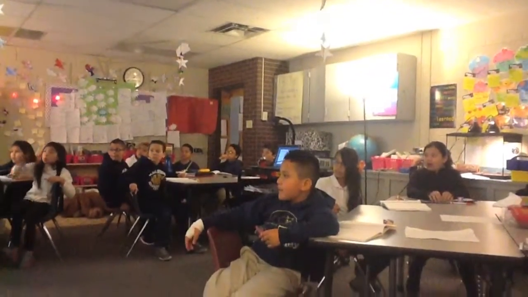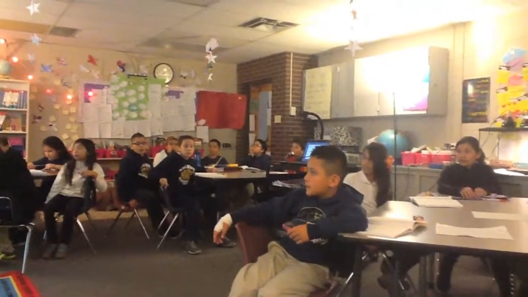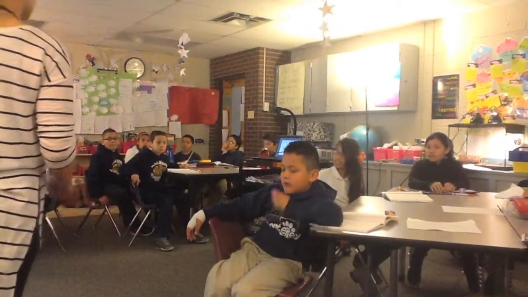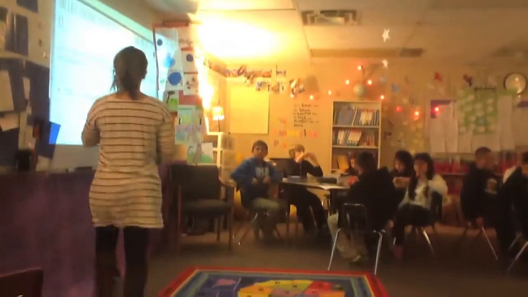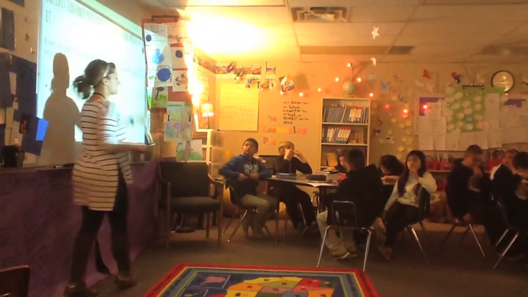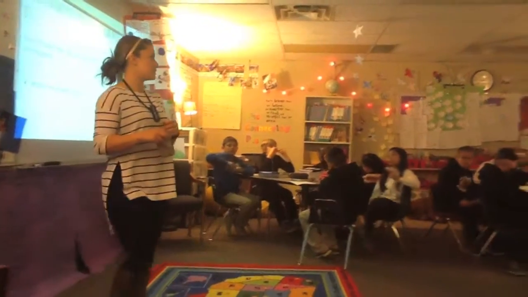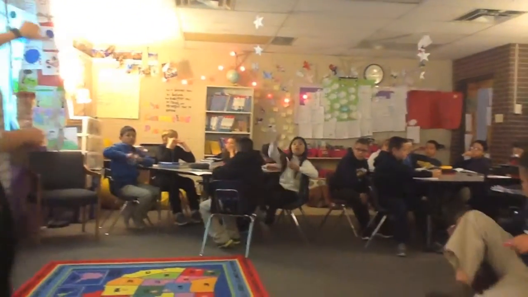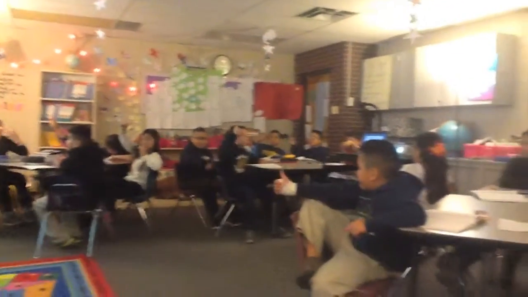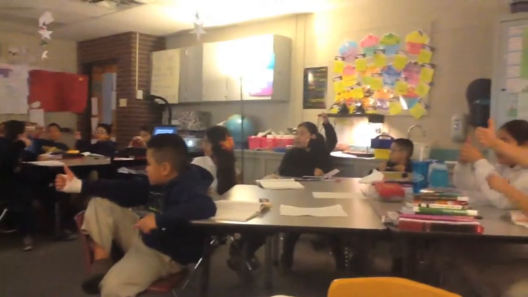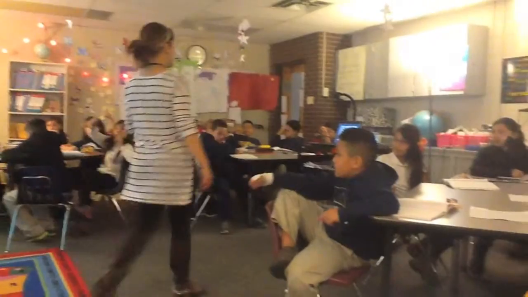I think we need a comma after class. After class, why do you say that? Because it's like two sentences. Ooh, interesting. So she says it needs a comma right here because it's kind of like two sentences. Thumbs up if you agree with her. Thumbs to the side if you're unsure. It's okay to be unsure. Okay. Juliana, you're correct.